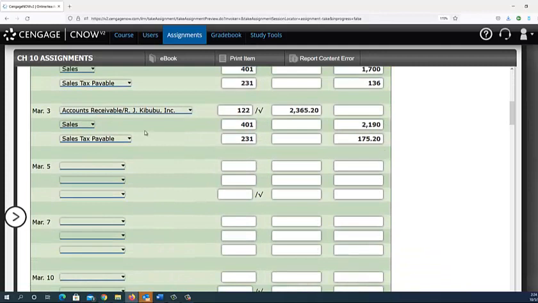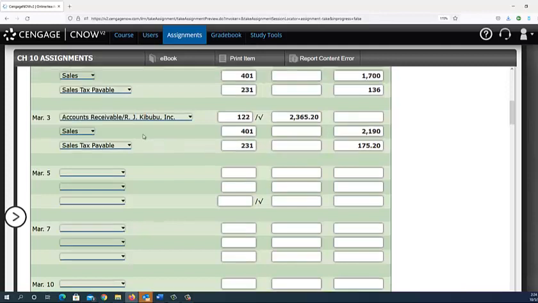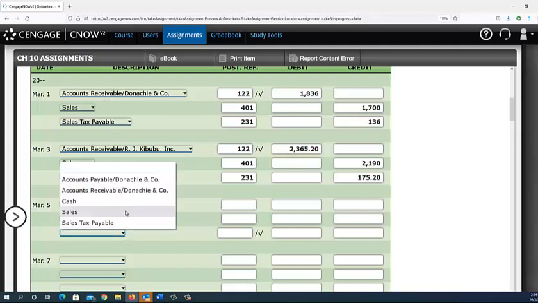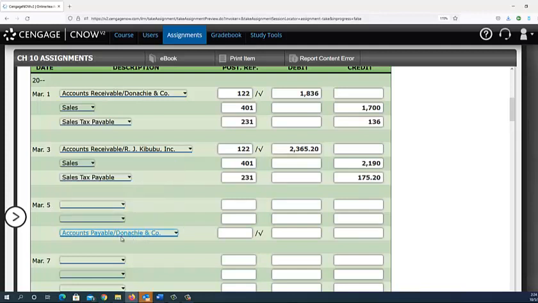Okay, so a sales return is entered the opposite of the way the sale was entered. When we entered the sale, we debited accounts receivable. So now we're going to credit accounts receivable, and make sure we have the customer name next to it.